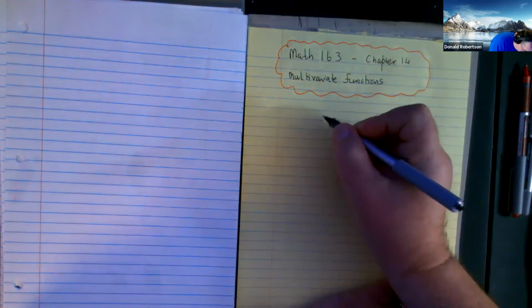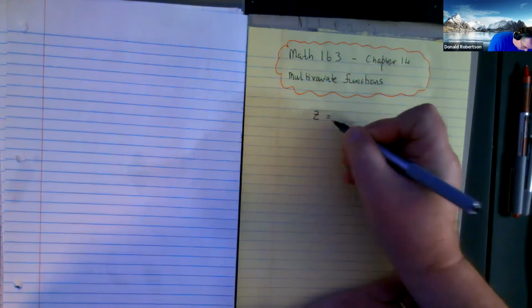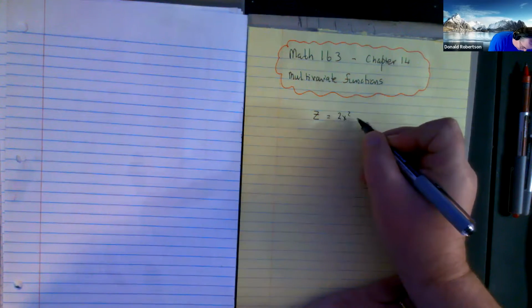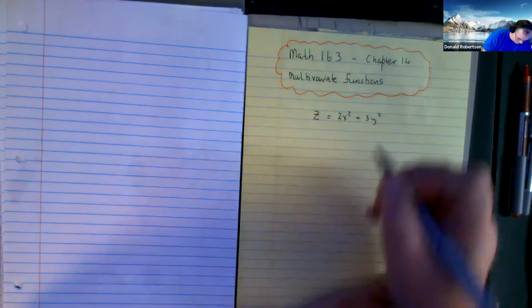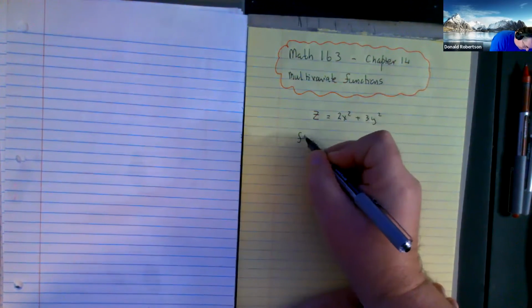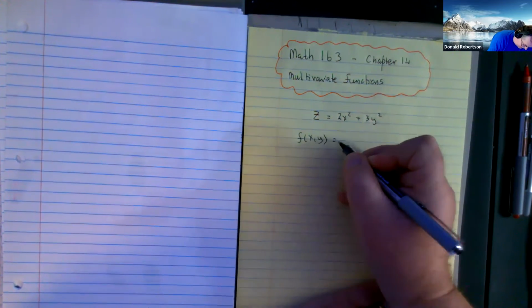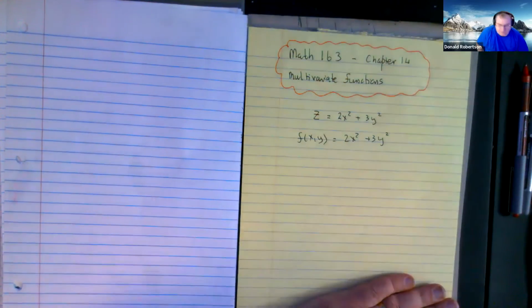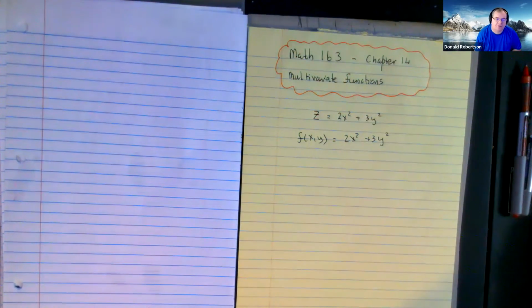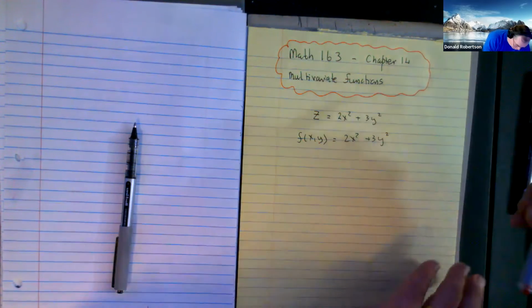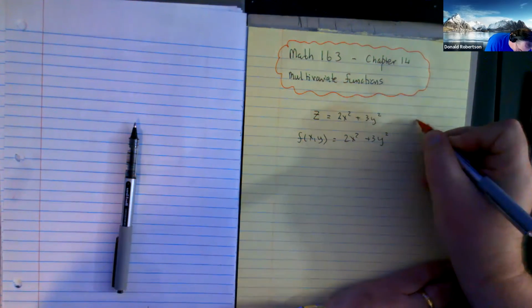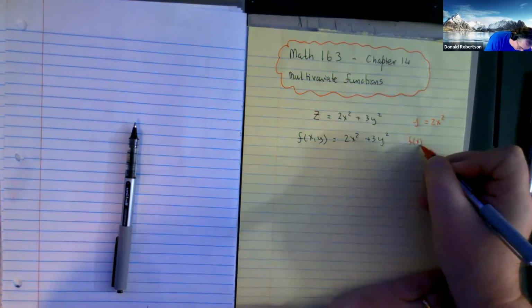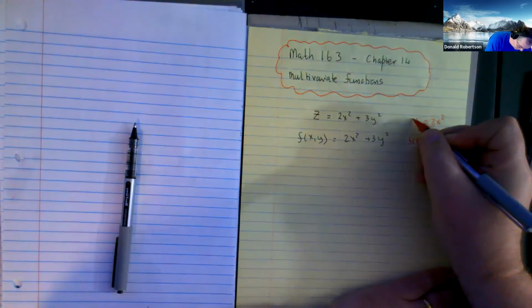Well, let's show you what a multivariate function looks like. This is a multivariate function. And it can also be written like that. That's the equivalent in 141 world of things like y equals x squared and f of x equals 2x squared, right?